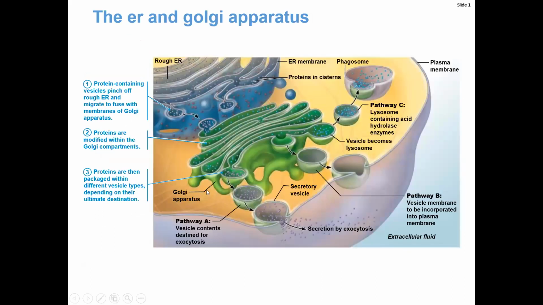And we see that there are 3 ways it can go. We can release the proteins right here, pathway A. Type pathway B, we keep the proteins in the membrane. We don't release them to the outside.